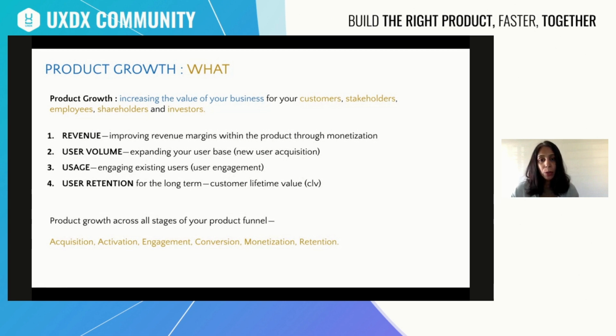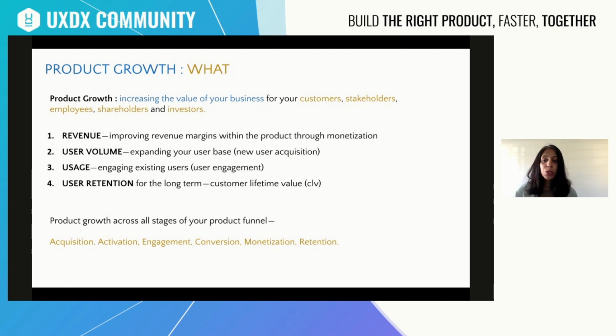And this value can expand through a few different perspectives. One is you're increasing the revenue for your product or business, right? You're improving the revenue margins within the product through monetization, and that's how you're growing the product. Second, you're increasing the number of users, or expanding your user base through new user acquisition, and that is how you're growing your product.